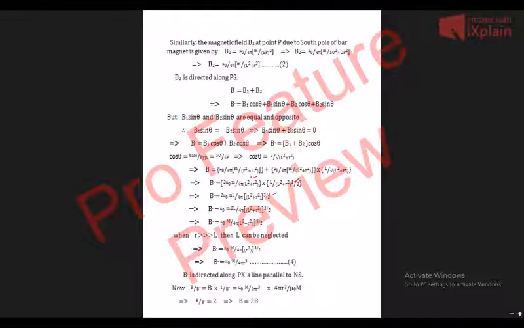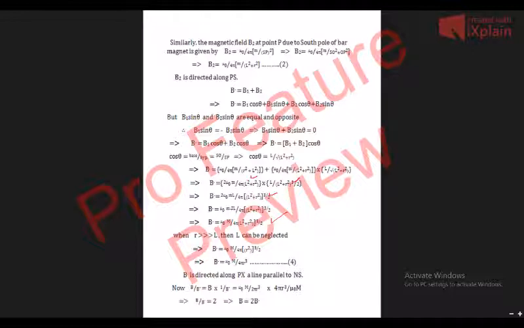So B dash will be equal to 2 mu naught m into 2L divided by 4 pi (L square plus R square) raised to power 3 by 2. So m into 2L, as we know, is equal to capital M, that is the magnetic moment. So B dash will ultimately be equal to mu naught M upon 4 pi (L square plus R square) raised to power 3 by 2.